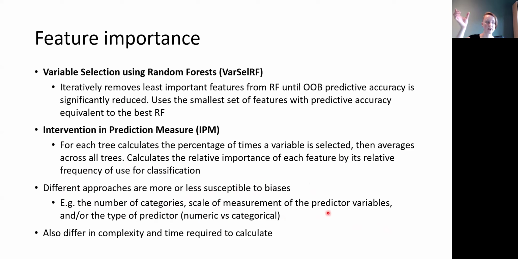So if you have a variable that has really high values overall, it might be deemed more important than one that has really low values overall. And also sometimes the type of predictor, so some of them preferentially select numeric predictors versus categorical.